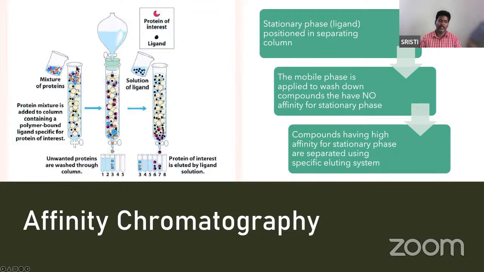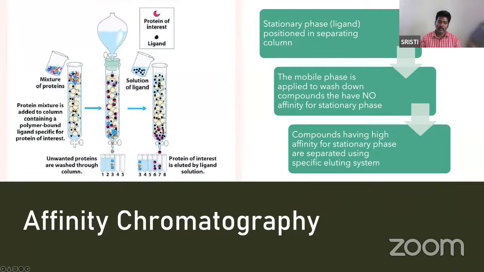Okay, so when you add the mixture of proteins and then you add a solvent system to elute, the protein of interest will bind to the ligand. Okay, so whatever the ligand you designed for the protein of interest, that protein will bind to the ligand, and all the other materials, unwanted proteins, will first be washed through the column and collected and kept separately.